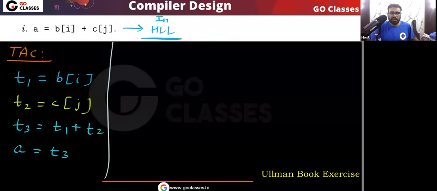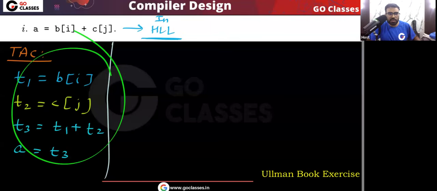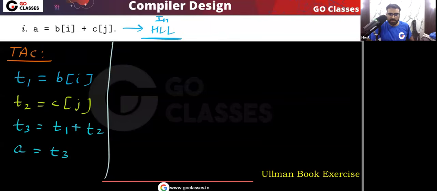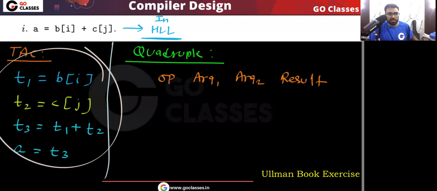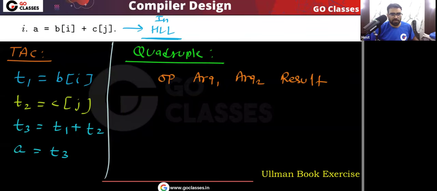Now let's represent this three address code in quadruple, triple, and indirect triple. In the quadruple representation, we have four fields: operator, argument 1, argument 2, and result. Here you can notice the entries: position 0, position 1, position 2, position 3.